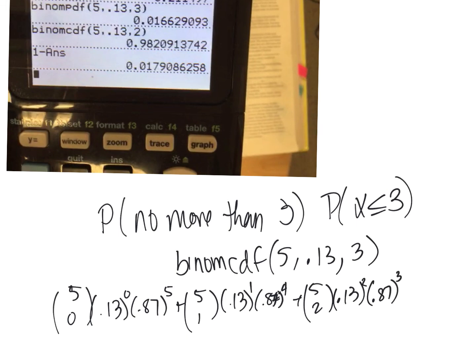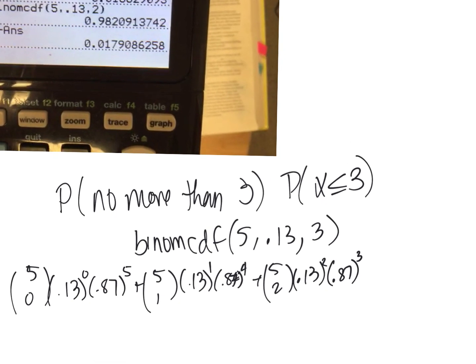This is what I subtracted off of 1 in part E, right? The probability of 0, 1, and 2. But this is asking us for less than or equal to 3, so this also includes 5 choose 3, 0.13 to the third, 0.87 squared.